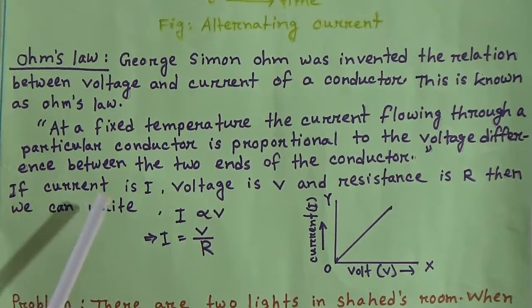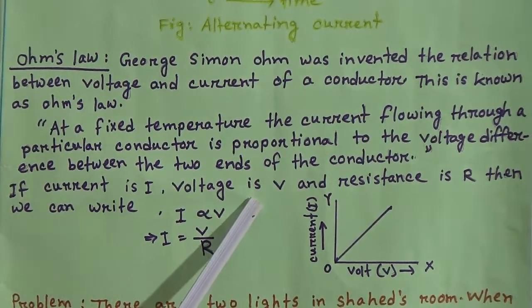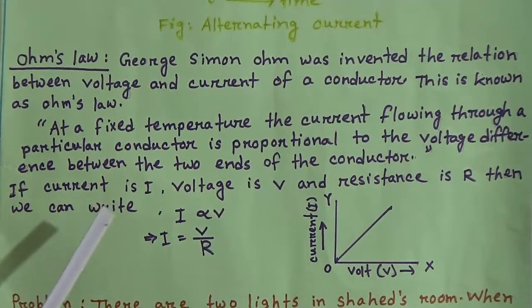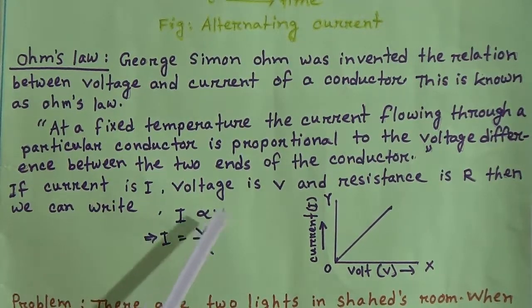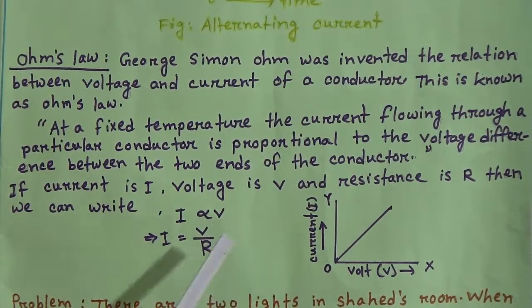See, if we consider current is I and voltage is V, then we can write I proportional to V. That means I equals V by R. Here R is resistance.